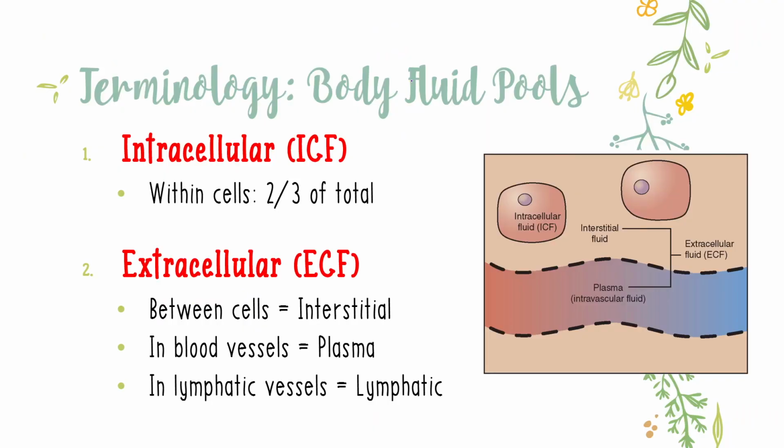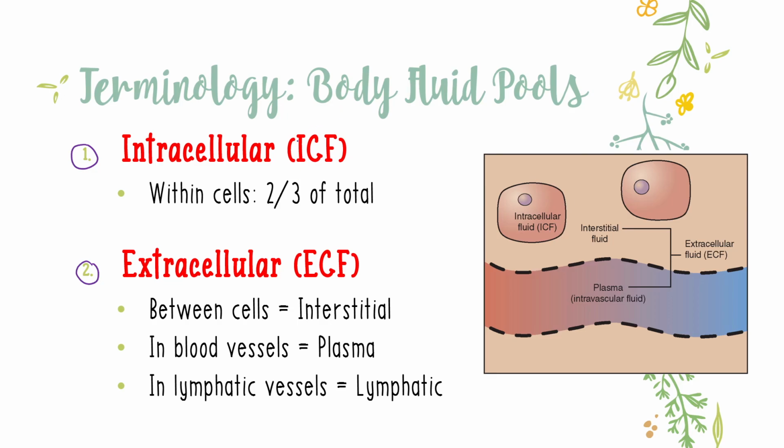So, other terminologies that you need to remember are with regard to the different types of body fluid pools. Our body fluid can be divided into two: intracellular and extracellular. From the word intra meaning inside, extra meaning outside.